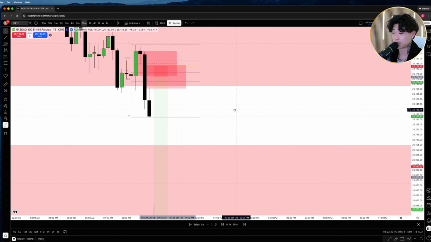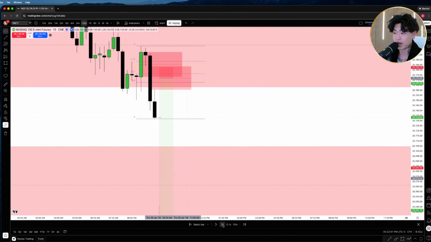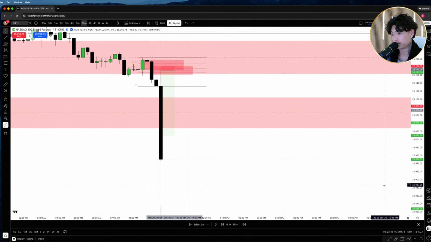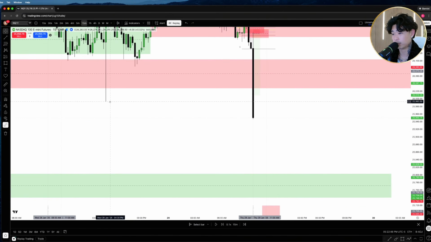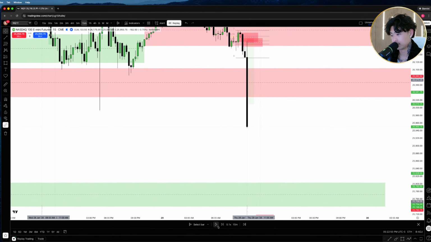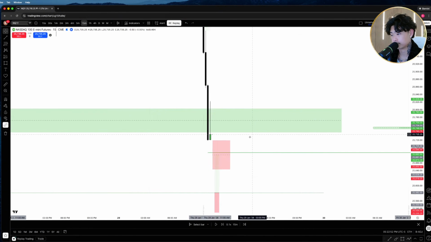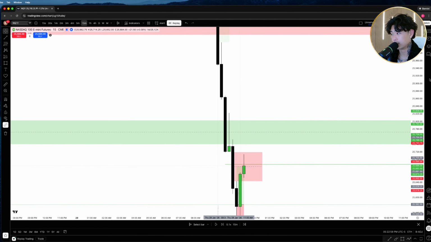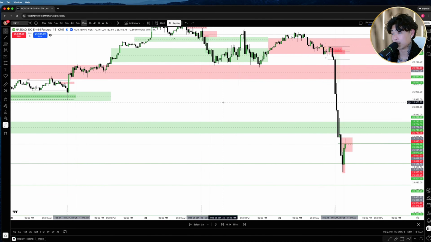See how all these concepts are lining up now? And then what happened? We went from an imbalance to another imbalance. And then ultimately went from imbalance to this liquidity down here. And then once we make it down there, then we go from liquidity to imbalance, all within our session. So you can see this is always happening all the time, guys.